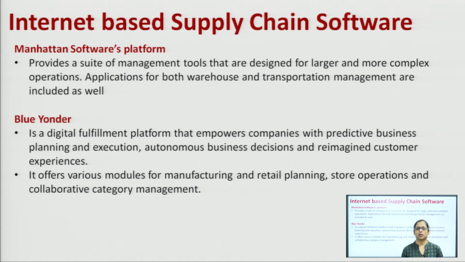This platform also helps the company with suggestions related to manufacturing, retail planning, store operations, and collaborative category management. So, basically it comes up with lots of alternatives that can be used by an organization depending on its own objective.